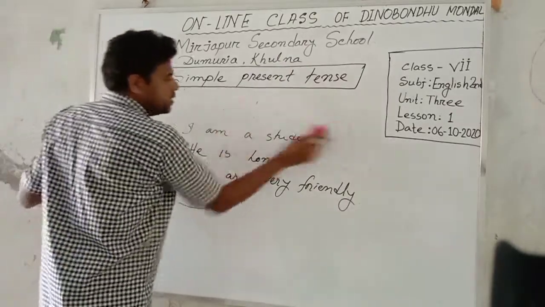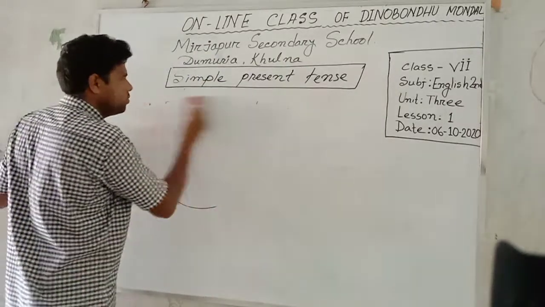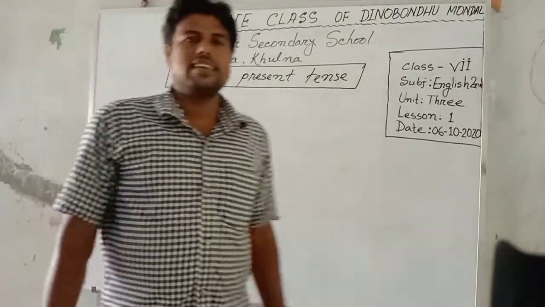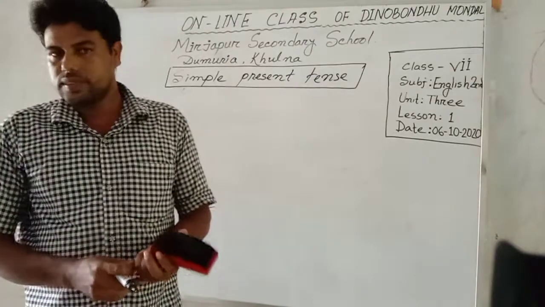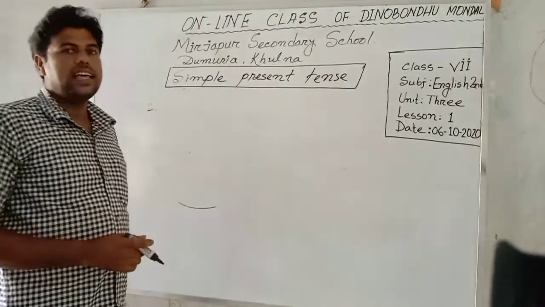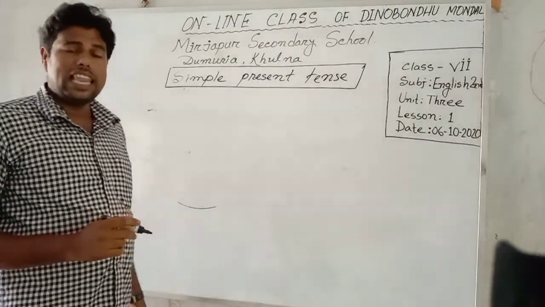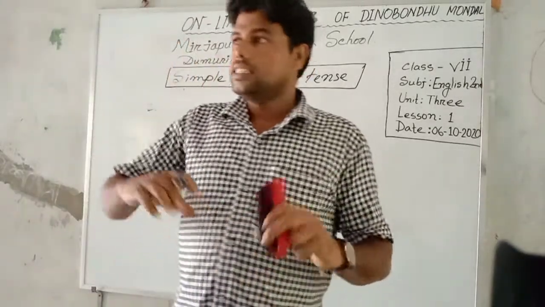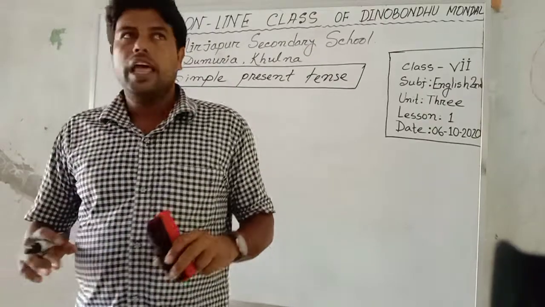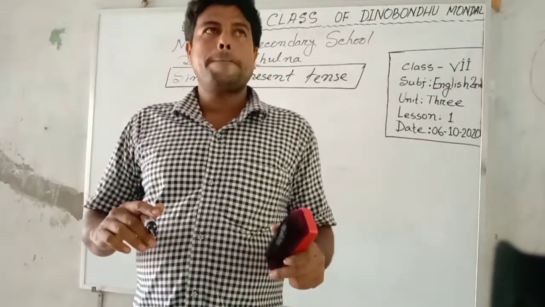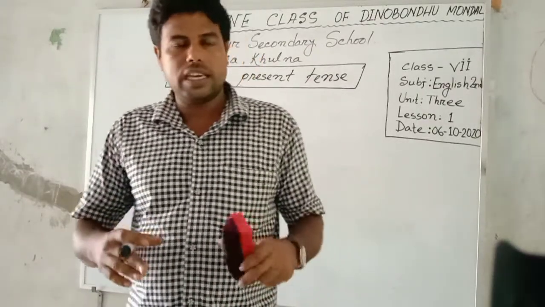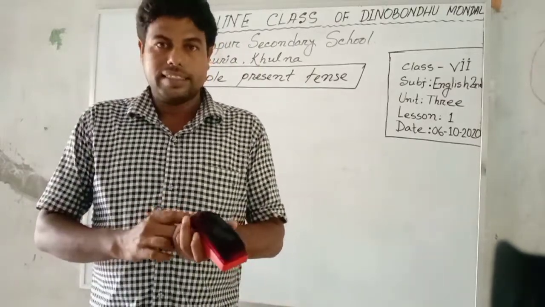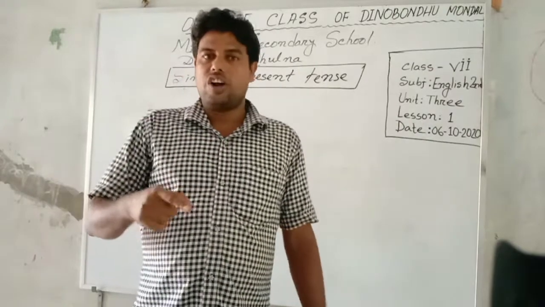Now second part. From the sentences, the second sentence was he has a laptop. And in present form, when we express that someone is the owner of something, then we use has or have.